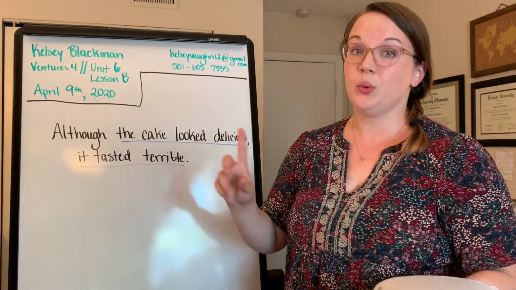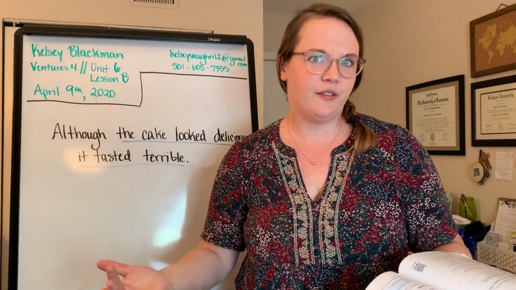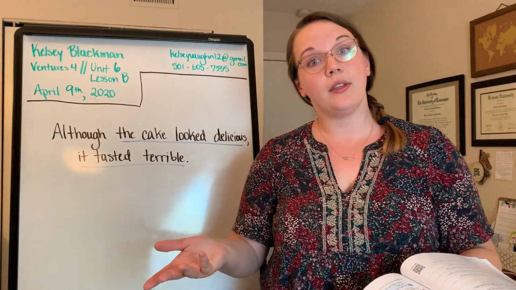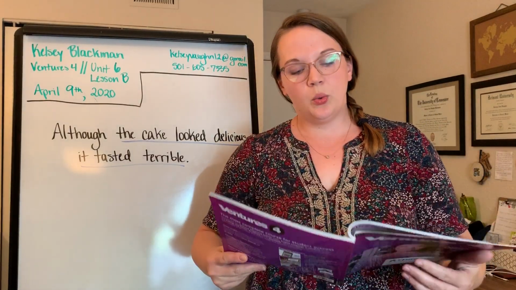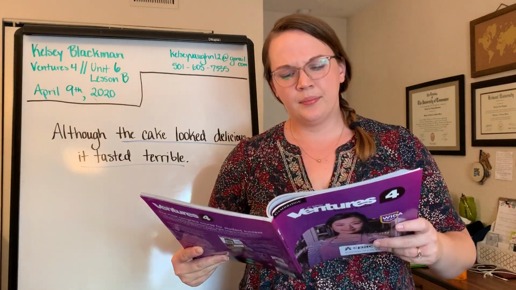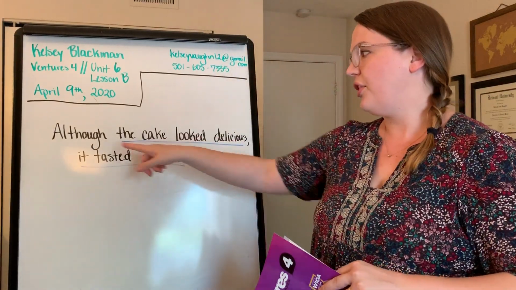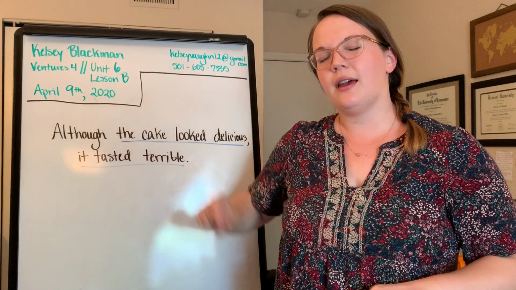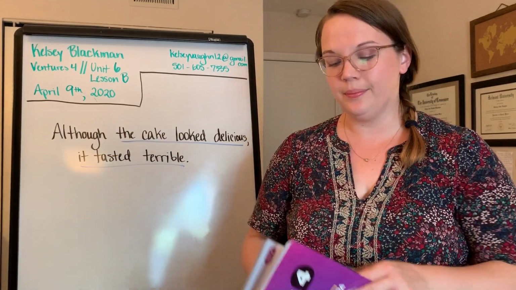Another, because we know the cake looked delicious, you will be very surprised to find out that the cake tastes terrible, right? Let's do one more. Does every sentence with an although clause have to begin with although?